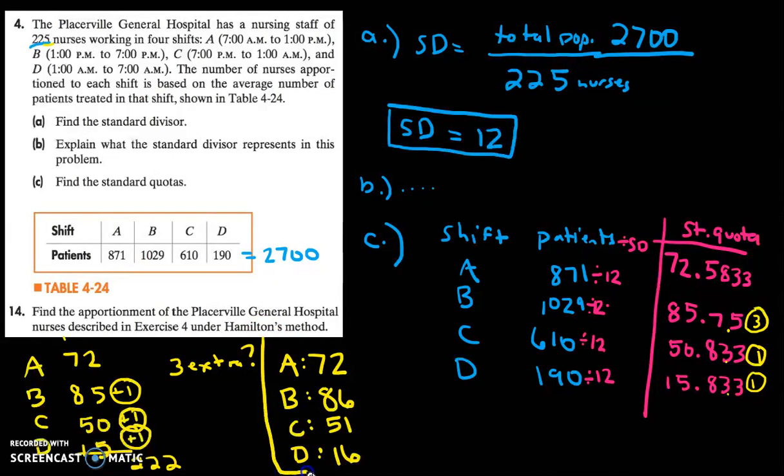It's also a very good idea at the end, since your goal was to hand out 225 nurses proportionally to all the shifts, to make sure that 72 plus 86 plus 51 plus 16 actually adds to 225. And it looks like it did. So we successfully handed out all of our nurses proportionally to each shift using Hamilton's method.